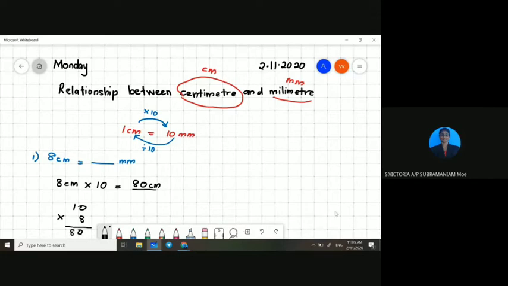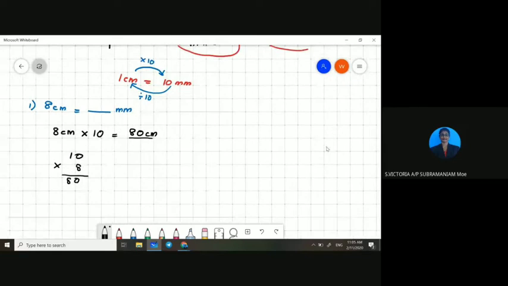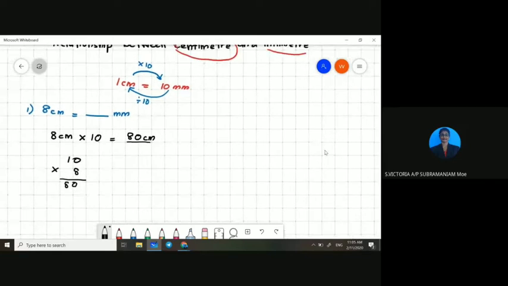Okay, teacher taught you the T method in class, right? Do you remember the T method in class? Yes, teacher. Okay, how to make a T for this question?